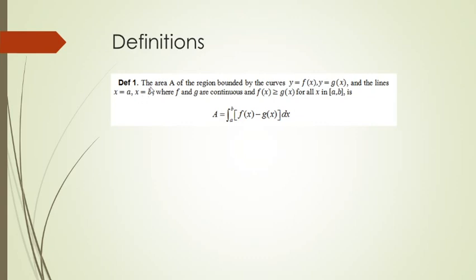Okay, now let's check the definition first. The area A of the region bounded by the two curves f(x) and g(x) and the lines x equals a and x equals b, those two give the vertical lines, the left bounded by x equals a, the right bounded by x equals b, where f and g are continuous and f should be greater than or equal to g for all x in [a, b].